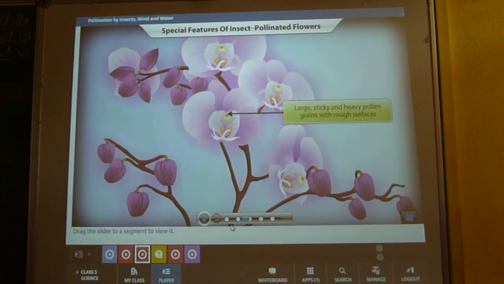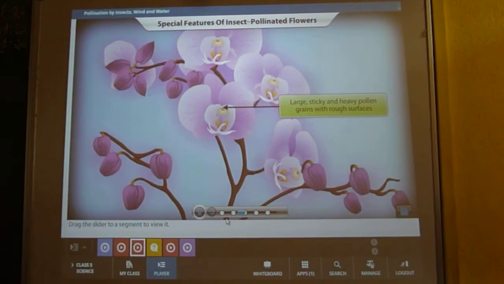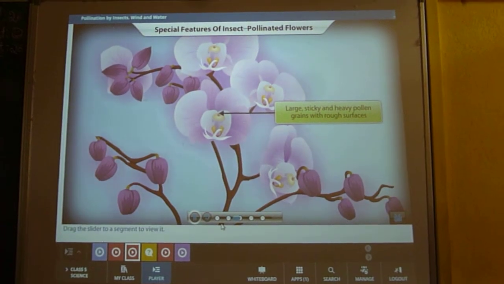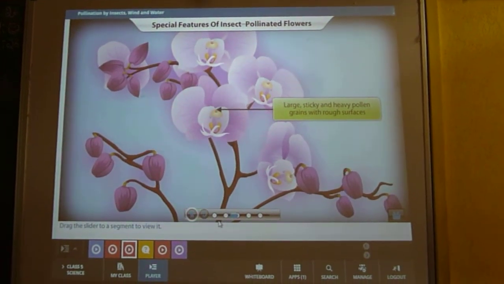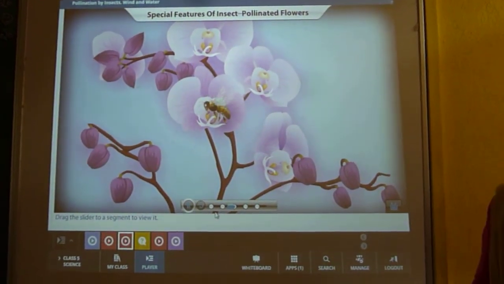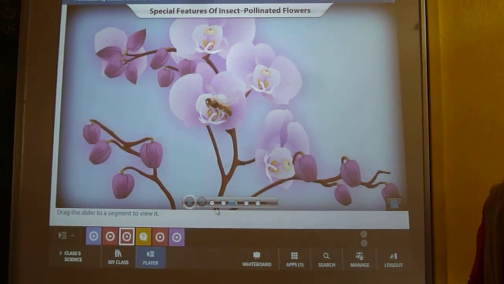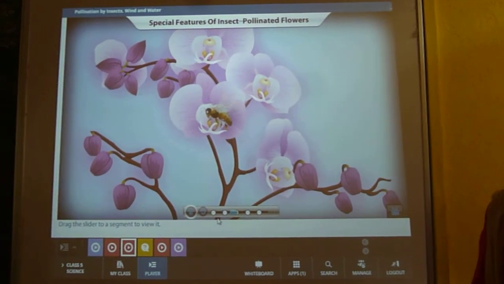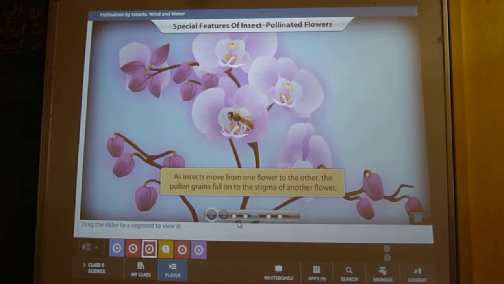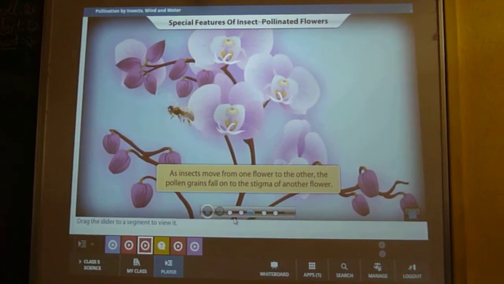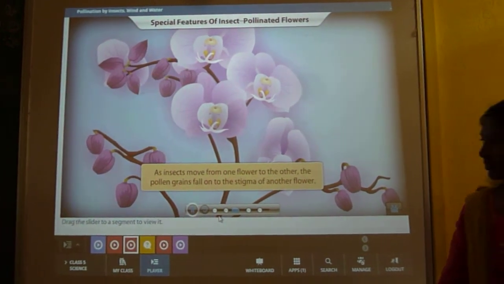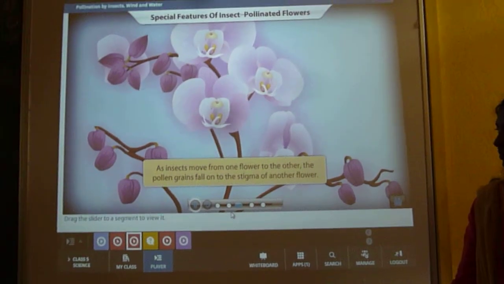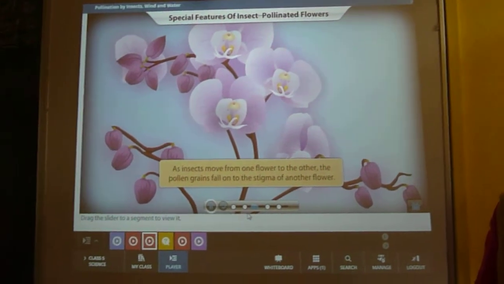They also have a large number of large, sticky and heavy pollen grains with rough surfaces that easily cling to the insects' bodies when they visit the flower. As the insects move from one flower to the other, the pollen grains fall onto the stigma of another flower, causing it to reproduce.